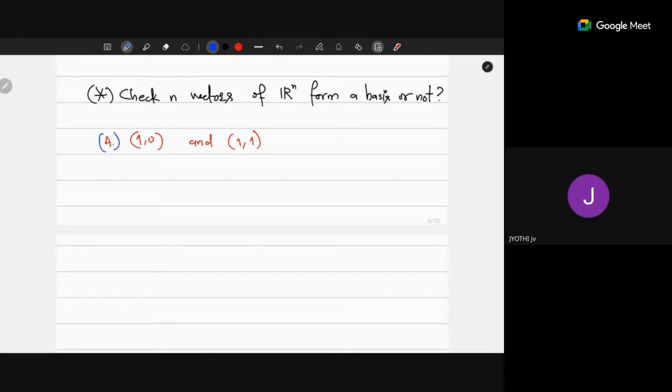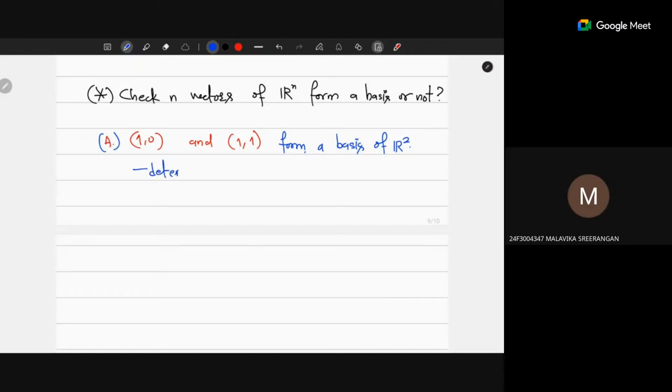Linearly independent, yes, they are linearly independent, but that is not enough to answer. You can take the determinant, and if it's not equal to 0, they form a basis. So basically, we need to look for the determinant.